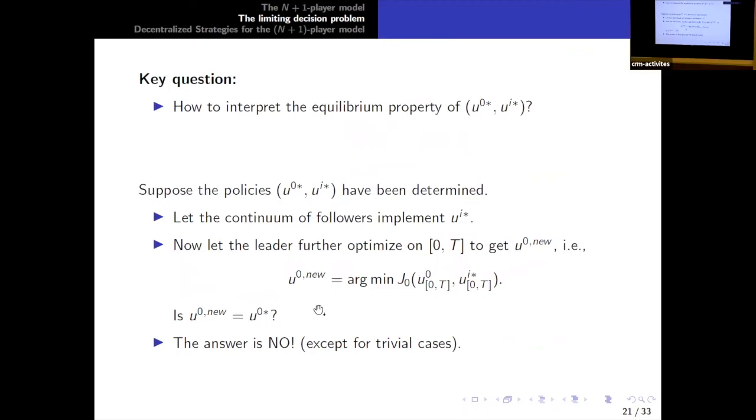Now, when we do the revision of the strategy of the major player, as indicated here, we need to solve a new optimal control problem. Fortunately, for the new optimal control problem, we still have a neat Riccati equation. Now it is a standard Riccati equation for optimal control.